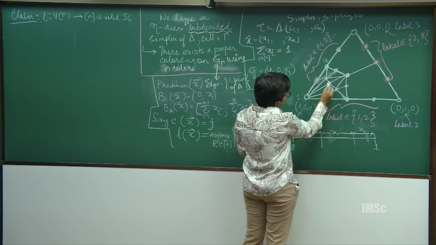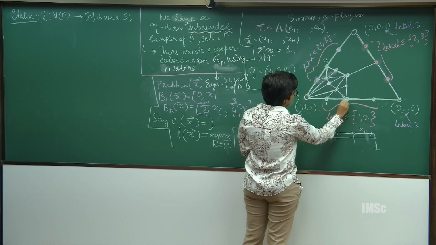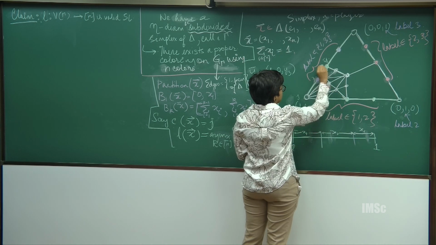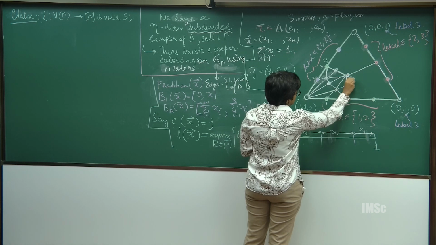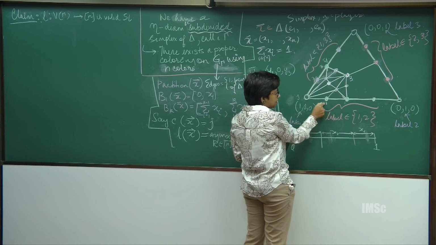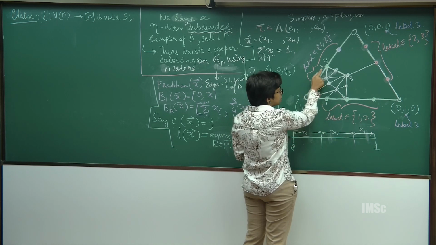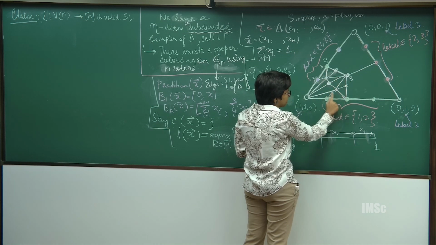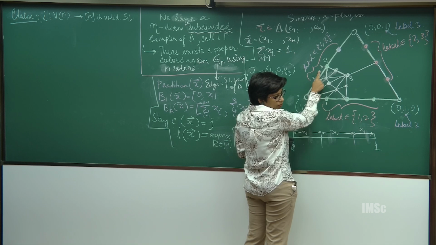Suppose the labeling in these is this: this can have label 1, this can also have label 1. This is label 3, this is label 3 and also this is label 3. Then all the vertices inside this must only use labels 1 and 3.